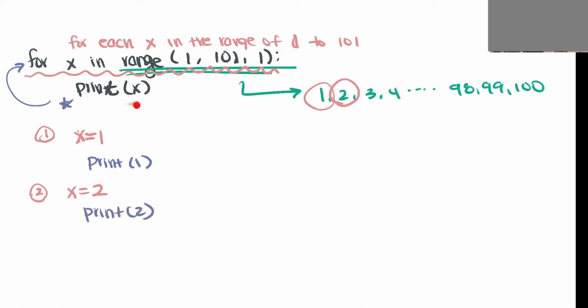Now that it's reached the bottom, it'll circle back up and get the next value in the range, which is 3. So x would be 3, and then we would print out the number 3.